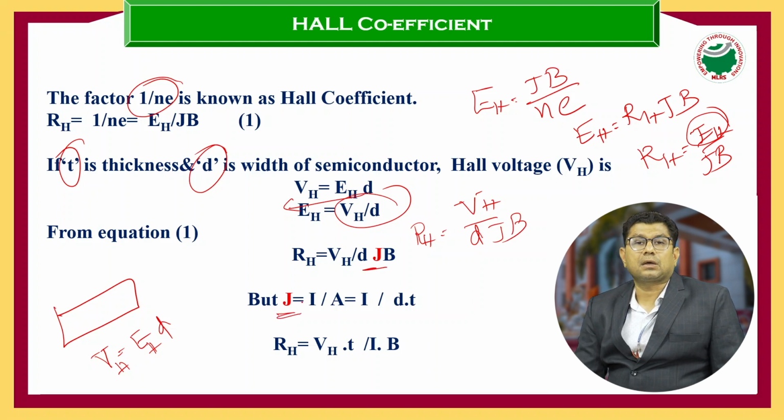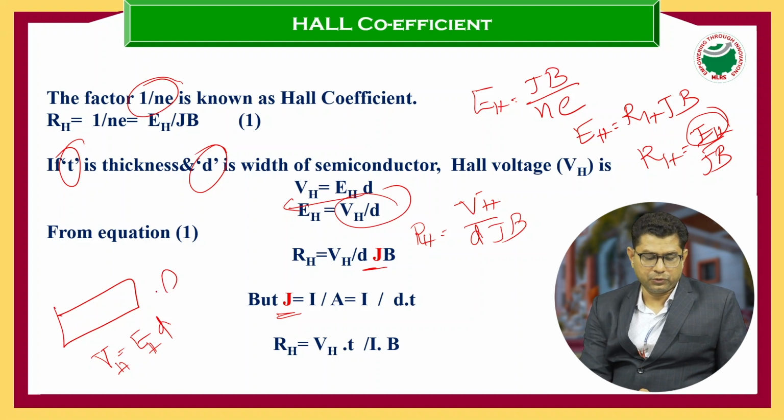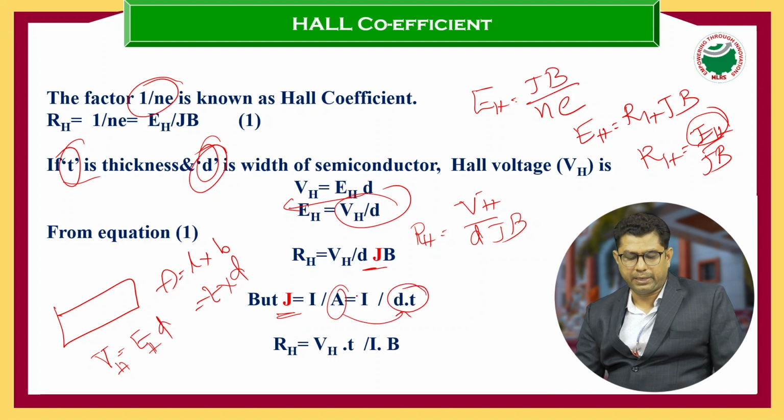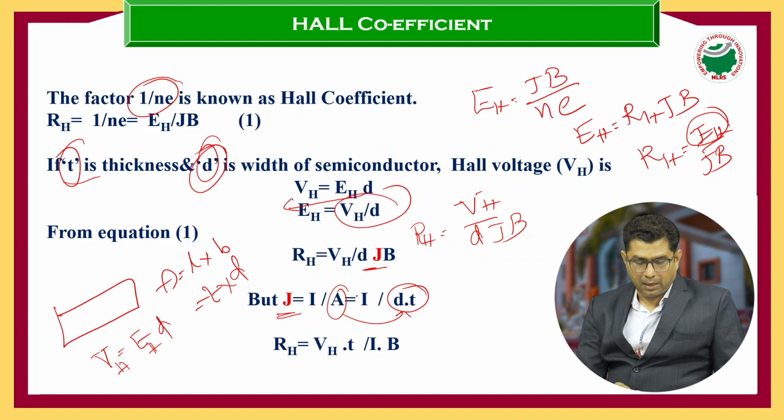Current is confined to an area, so current density is current per unit area. Usually what is area? Length into breadth. Here the dimensions are T and D, so the area is replaced with D into T.